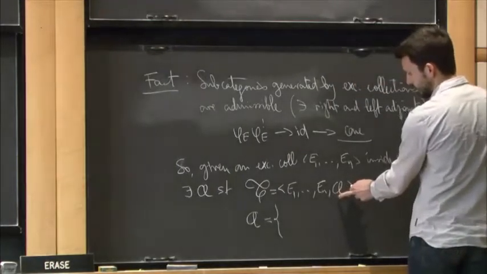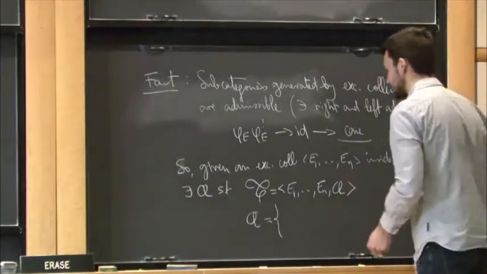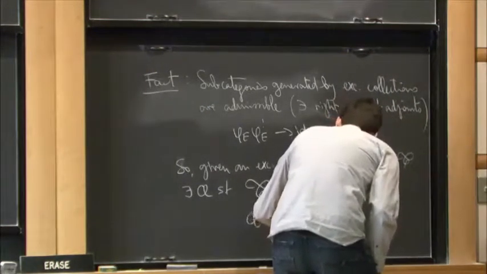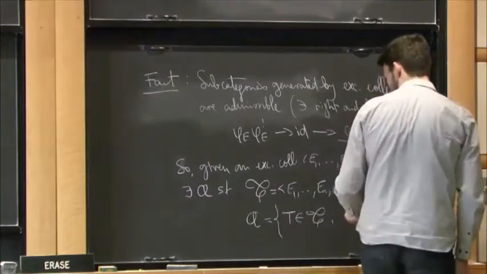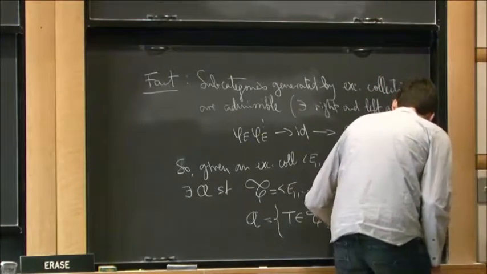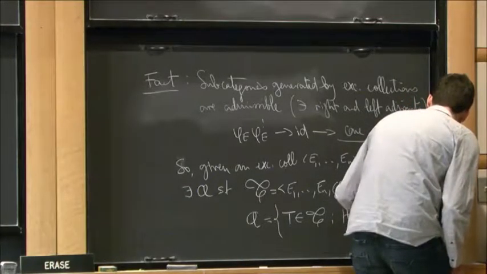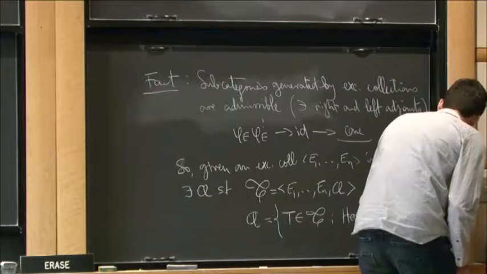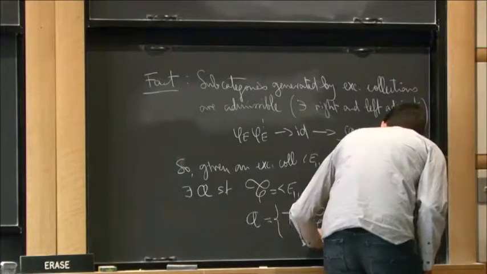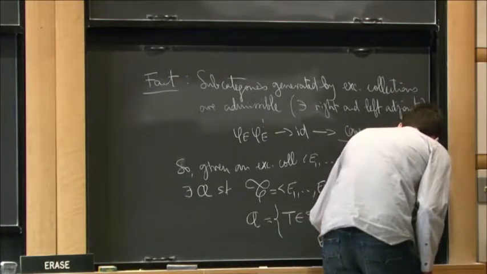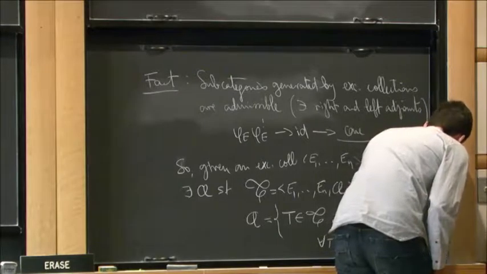They're all the objects that have no morphisms to the Ei's. So they are the T in T such that Hom(T, T') is 0 for all T' in ⟨E1, ..., En⟩.